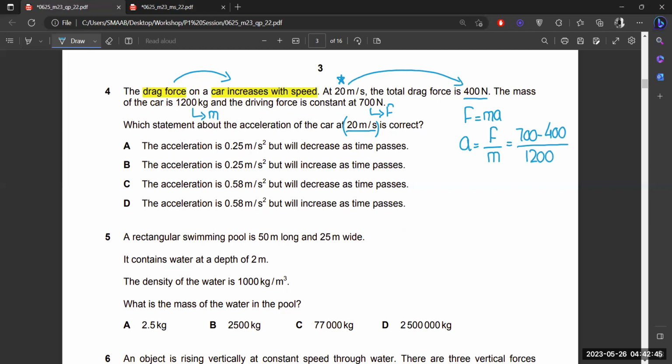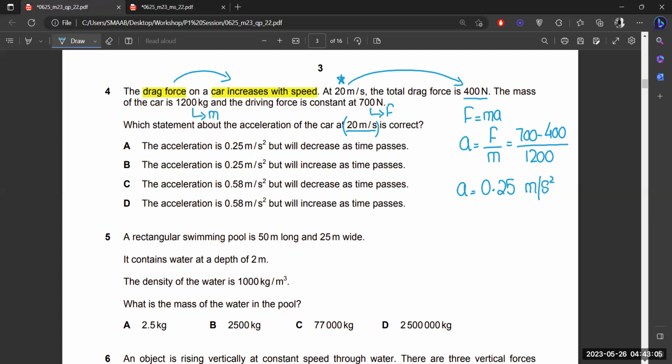So just simply solve this equation. You will get 300 divided by 1200. That is 0.25 meter per second square, the value of acceleration. So this is the answer for acceleration, but we still need to complete the answer.